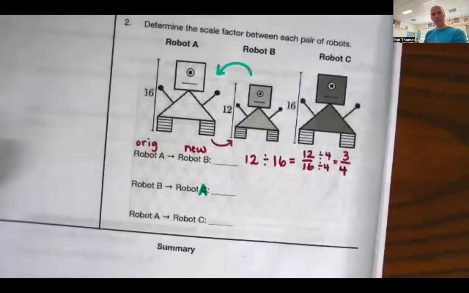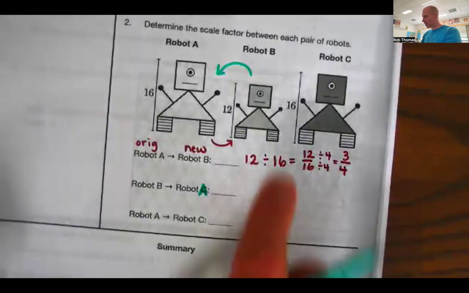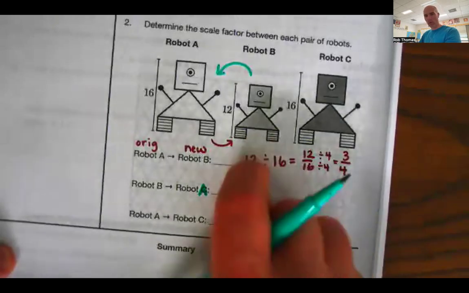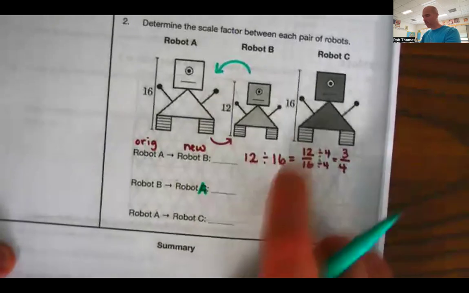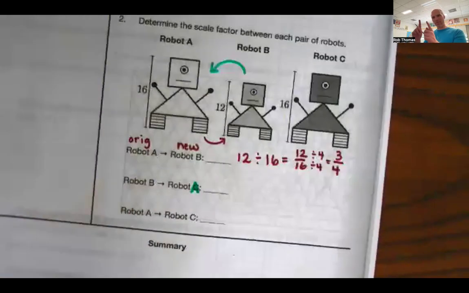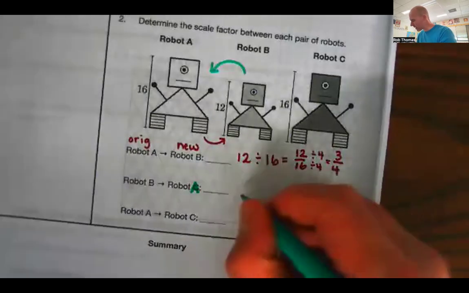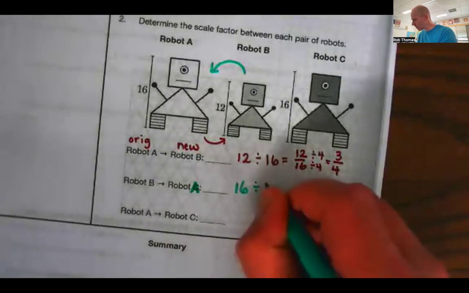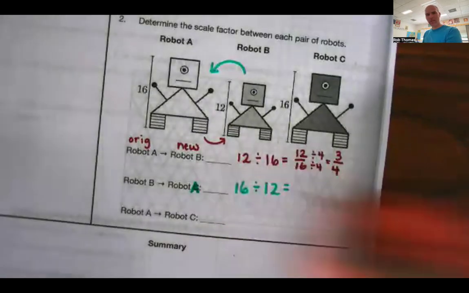Well, just like before, I took the new height, which was 12, and divided it by the original height, which was 16. I'm going to do the same thing, but all that means is the numbers are just going to switch, right? This time, the 16 is the new, and the 12 is the original.